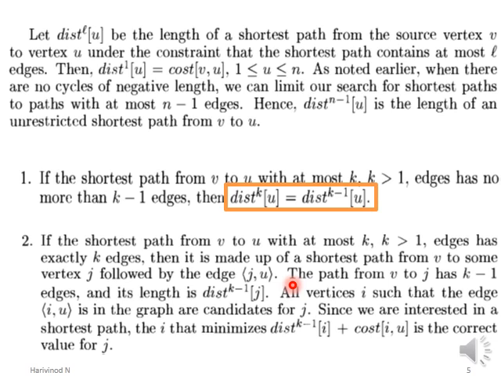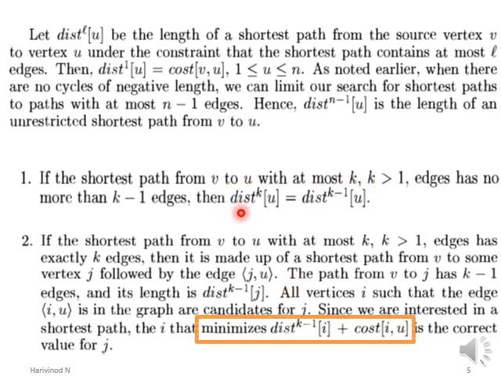Another relation, suppose dist k of U contains k number of edges. In that case, it is found by several alternatives. What are the alternatives?